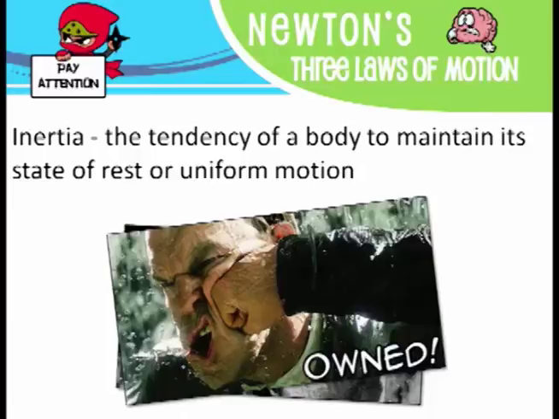Inertia is literally saying a body wants to maintain its state of rest or uniform motion. If it's moving, it wants to keep moving, and if it's stopped, it wants to stay stopped. That definition is called inertia. It's very difficult for people to wrap their head around because it's a little bit tricky. It's the state of you not wanting to change.